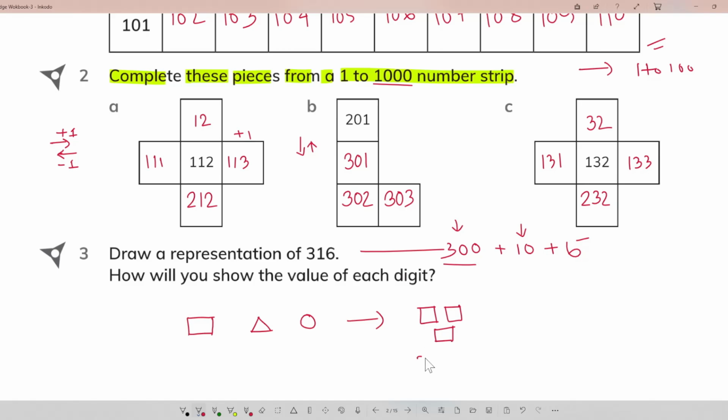It means here is 300. And tens, it means one triangle. And 6, 1 2 3 4 5 6, it means 6. Lots of ways you can solve this one, so this is up to you. But the representation of 316 will be 300 plus 10 plus 6.